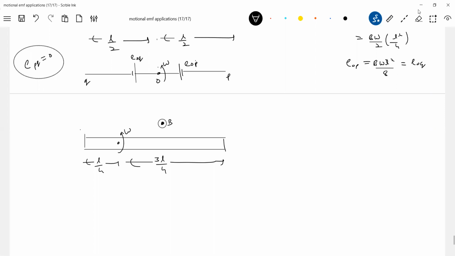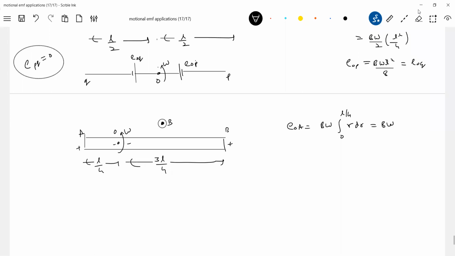This L by 4 will behave like a cell. So this you call OAB. So EOA is integral of B omega R dR, 0 to L by 4. Which end will be positive? B bar out of the plane, so this end will be positive, the other negative. So substitute limits.